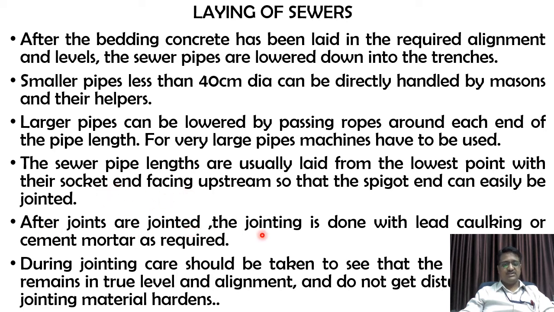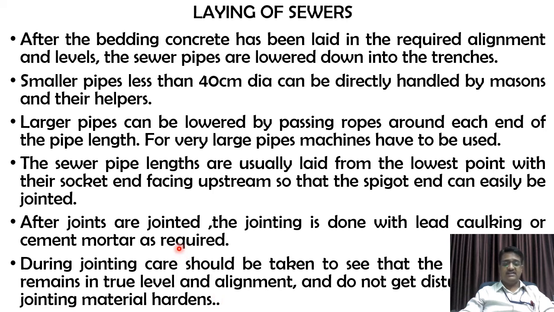After the pipes are laid, the jointing is done with lead caulking or cement mortar as required. So this jointing method will vary from material to material. Based on what kind of materials you are using for the sewers, even the jointing method is going to be different. Next, during jointing, care should be taken to see that the pipe lengths remain in true level and alignment, and do not get disturbed till the jointing material is hardened.